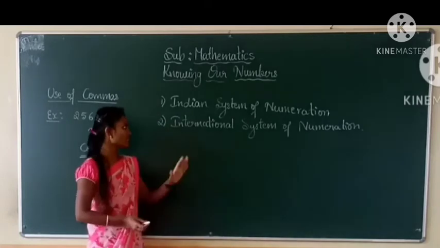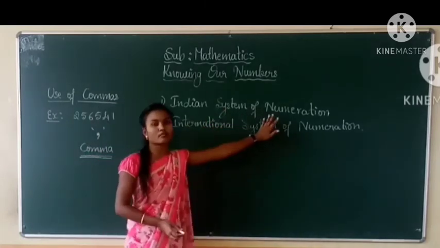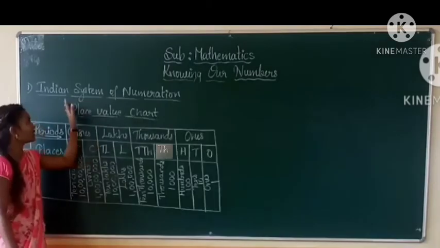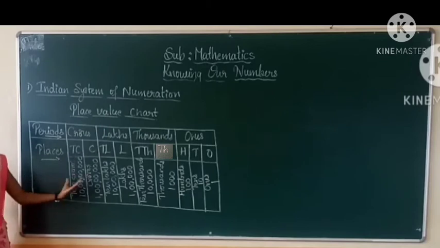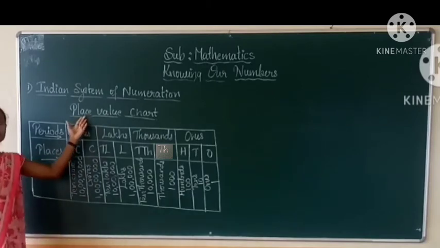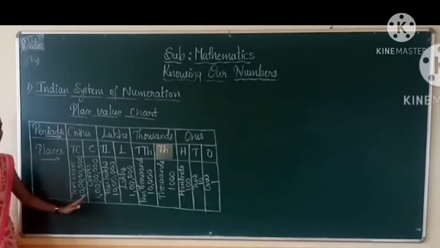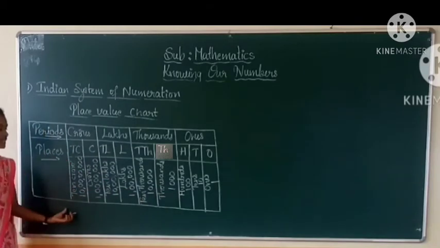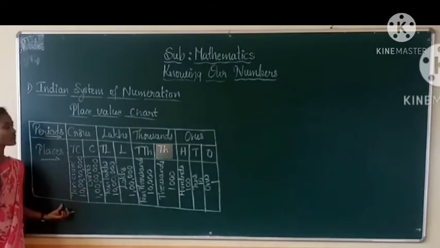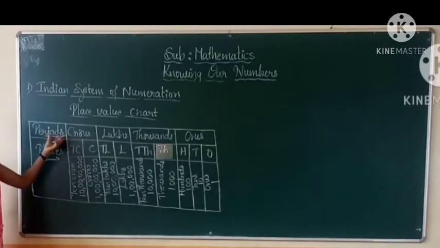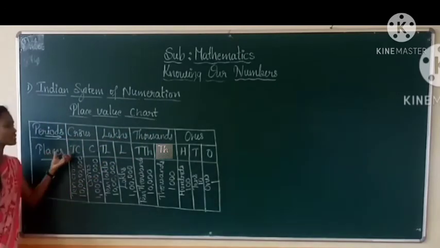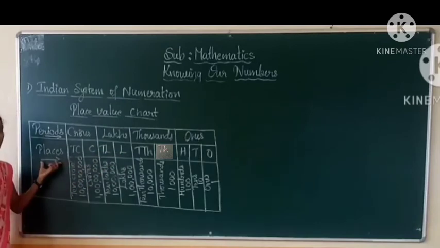So first let us take the Indian system of numeration. This is the place value chart of the Indian system of numeration. The first row tells us the periods and the next row tells us the places.